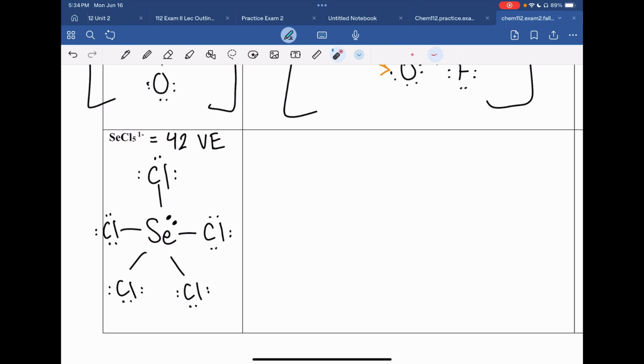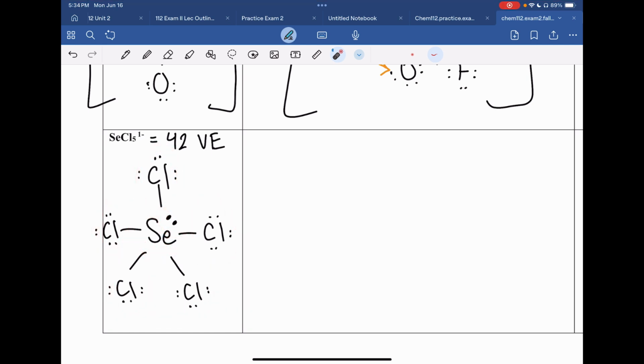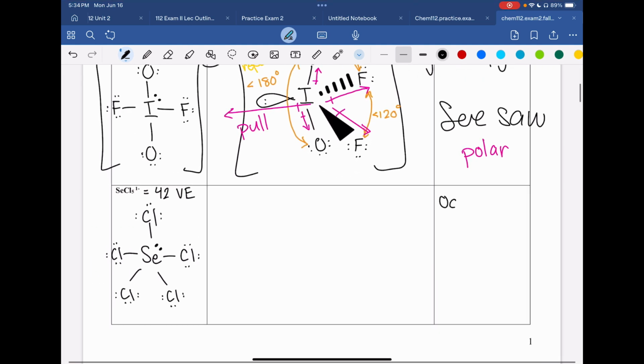What is the electron geometry? Not molecular, electron. Electron geometry is how many things? So it's 1, 2, 3, 4, 5, 6. That's 6 things. You should all be saying octahedral.